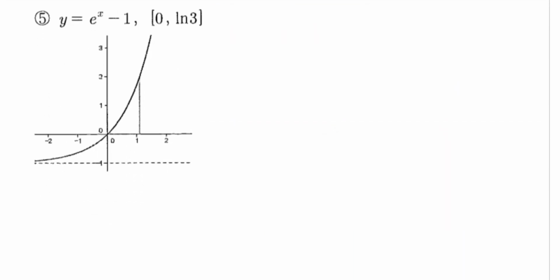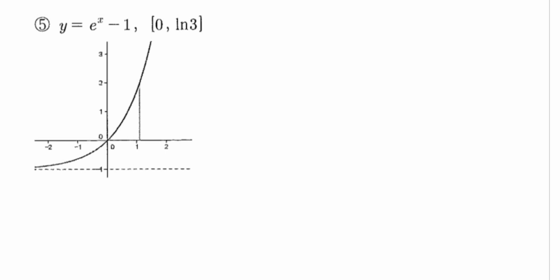Okay, so for question number 5, I have this exponential function of y equals e to the x minus 1. If I want to find the average value, I'll write down y average. Instead of writing out the entire formula, let's just start plugging the numbers in.